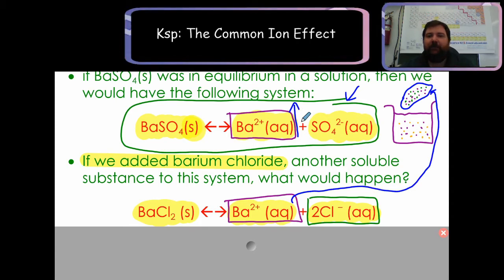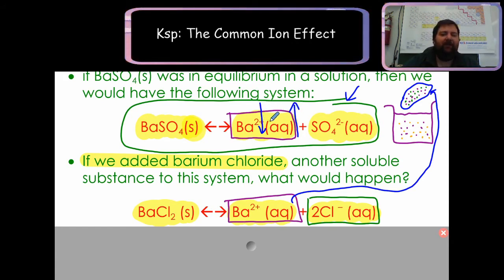Le Chatelier's principle says that when a stress is added to a system in equilibrium, the system will do what's necessary to relieve itself of that stress. If the stress is there's too much barium, how is Le Chatelier's principle going to predict that we get rid of that stress? By getting rid of the barium. Decrease it. If there's too much, get rid of it.